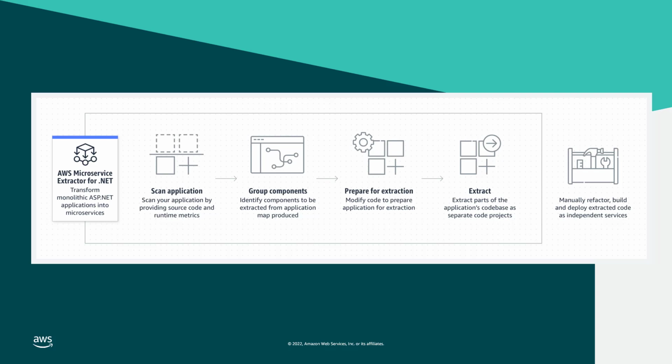AWS Microservice Extractor for .NET identifies potential API endpoints to be extracted as independent services based on coupling between components, call counts, and more. After you group parts of your monolithic application into functionalities for extraction as separate services, you can use AWS Microservice Extractor for .NET to extract independent services that teams can work on, develop, build, deploy, and operate independently.